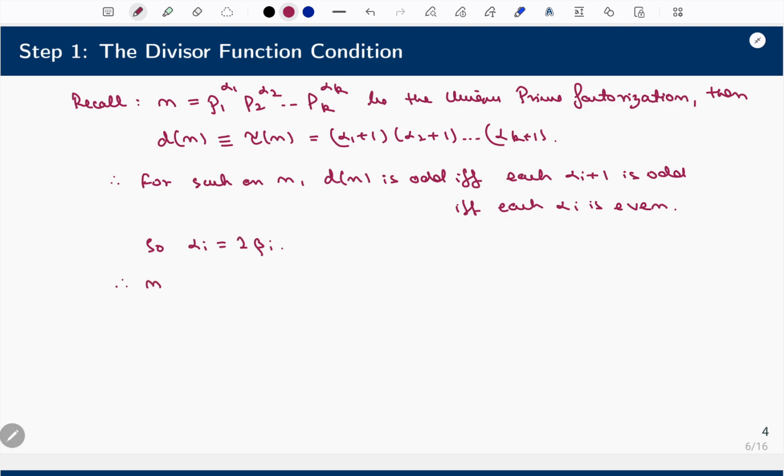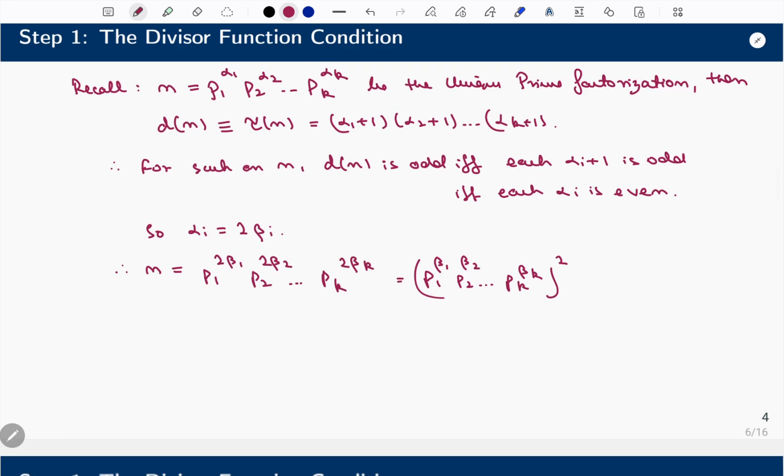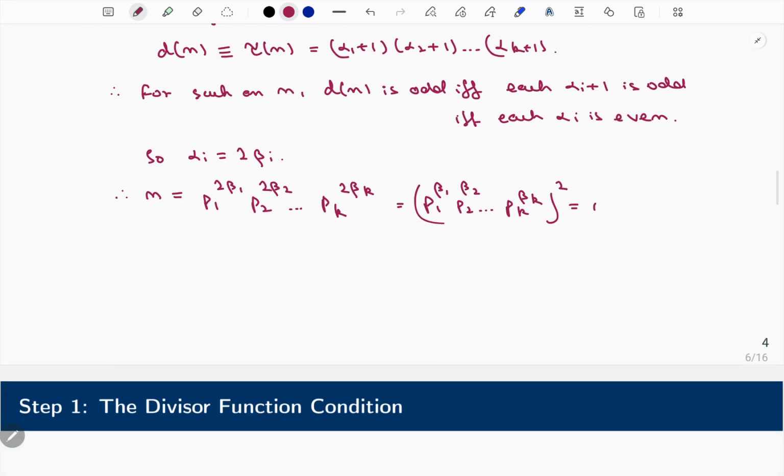So how does my n look now? My n becomes p_1 to the power 2 beta_1, p_2 to the power 2 beta_2, and so on till p_k to the power 2 beta_k, but that is nothing but (p_1 to the power beta_1 times p_2 to the power beta_2, and so on till p_k to the power beta_k) whole squared. But then this is nothing but m squared for some m.